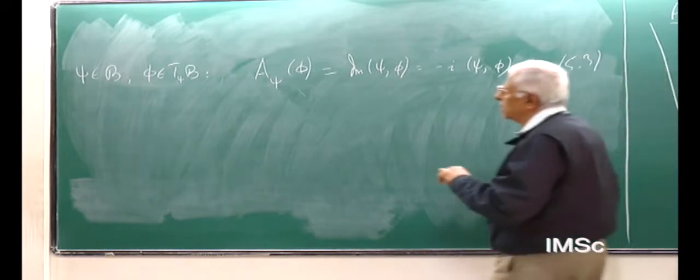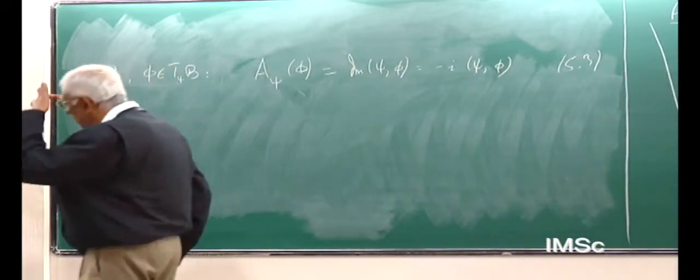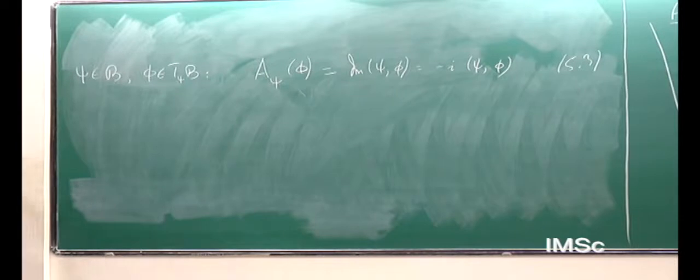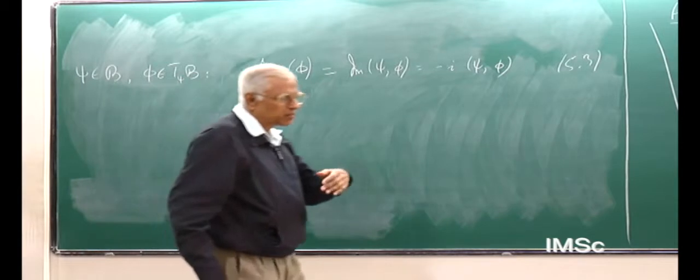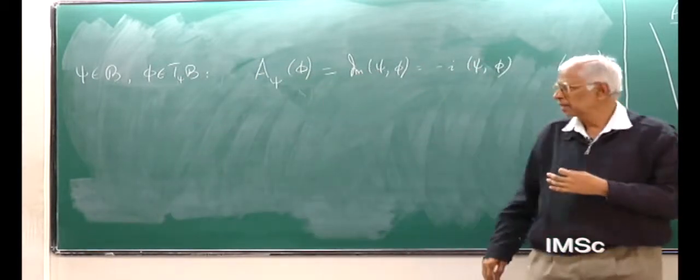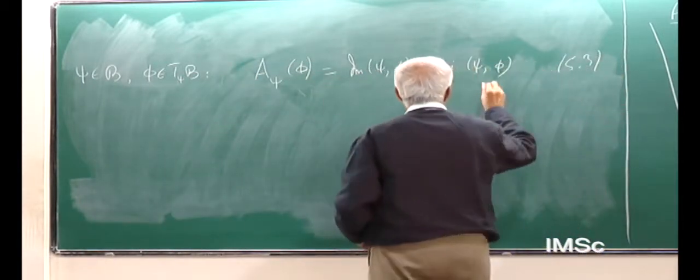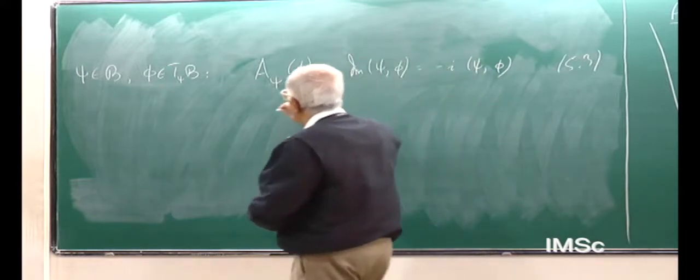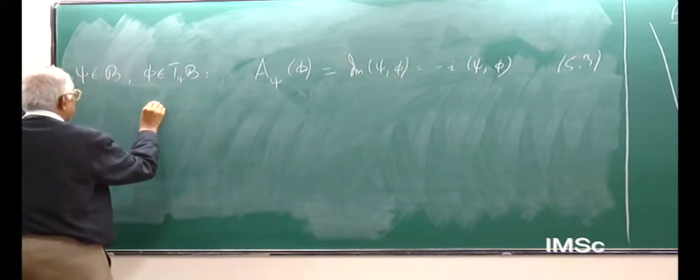In other languages you may be more familiar with, we might say phi is like a contravariant vector. That's the same thing as a tangent vector. A one form is more like a covariant vector. It is also called a cotangent vector. So I'll write this here.